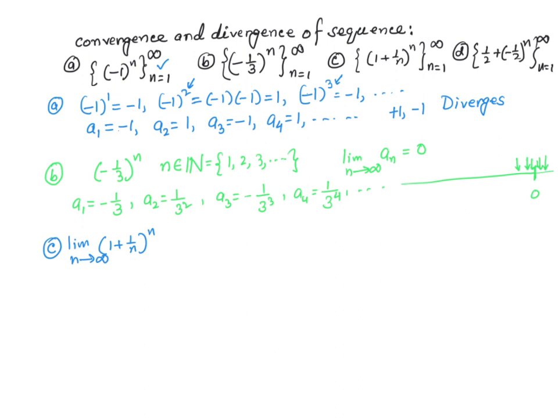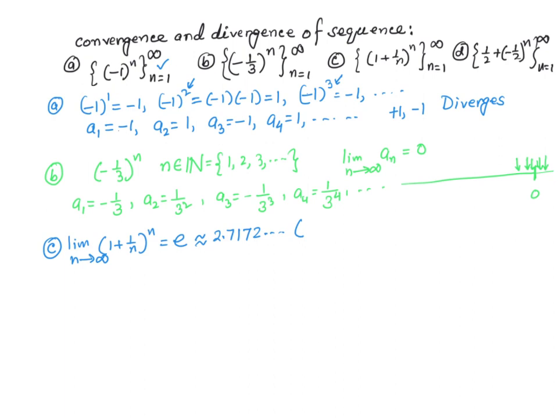This one requires a little bit of work to show, but it does actually converge to a very special number that all of you know. It's e, Euler's constant. So as n approaches infinity, 1 plus 1/n raised to the power n is actually nothing but e. And as you know, e is approximately 2.71828, and so on.